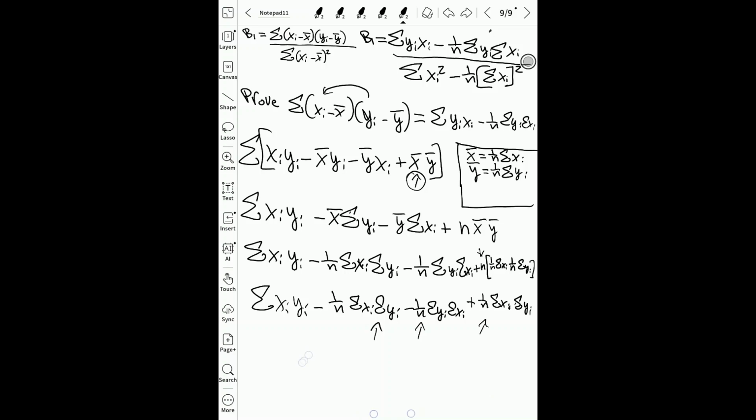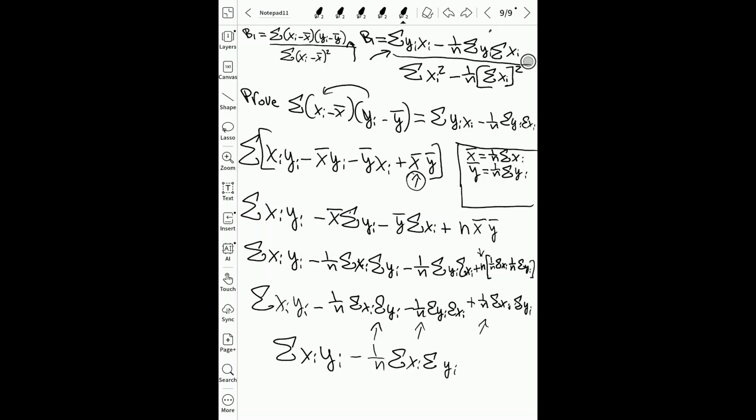So we end up with the sum of xi yi minus 1 over n sum of xi, sum of yi, which of course is what we set out to prove, right? So we're done. We know that this numerator right here is equal to this numerator right here. They're identical.